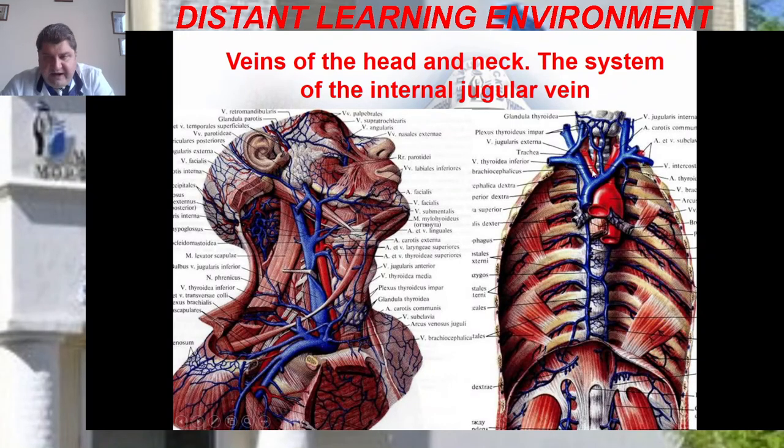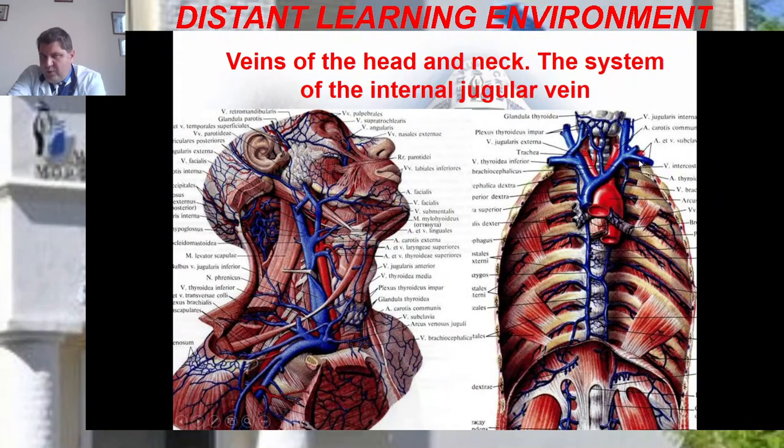So the brachiocephalic veins, right and left, and you may see the topographic features of the right brachiocephalic vein, which forms at the level of the sternoclavicular joint. It passes more vertically, but the left vein is longer and passes more obliquely.